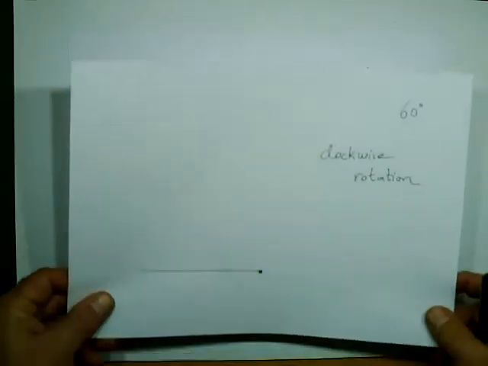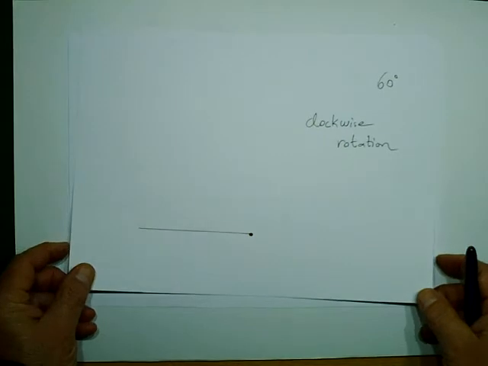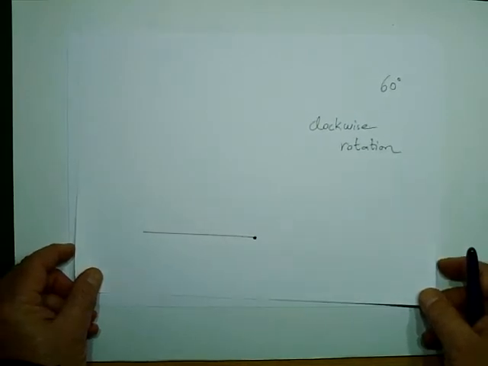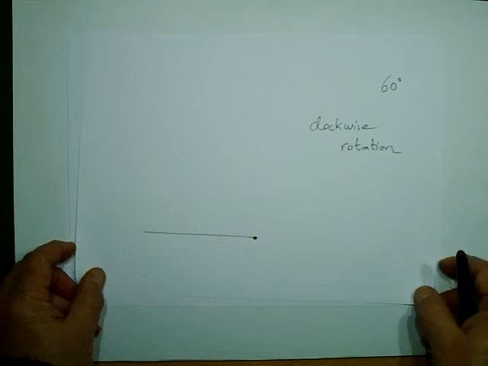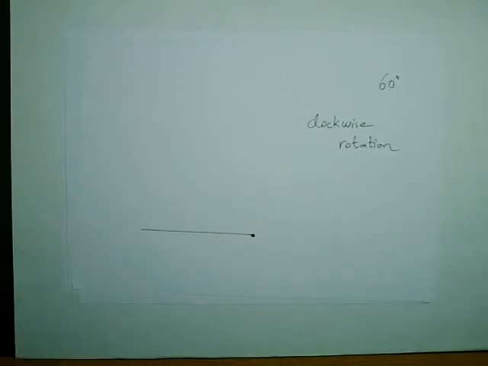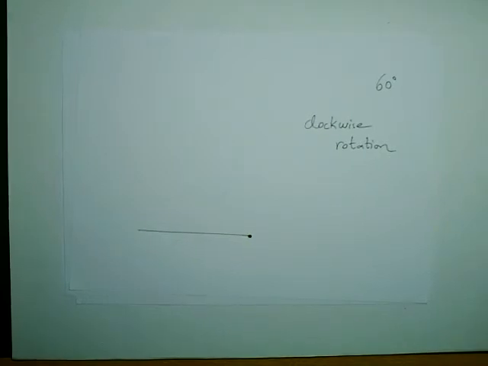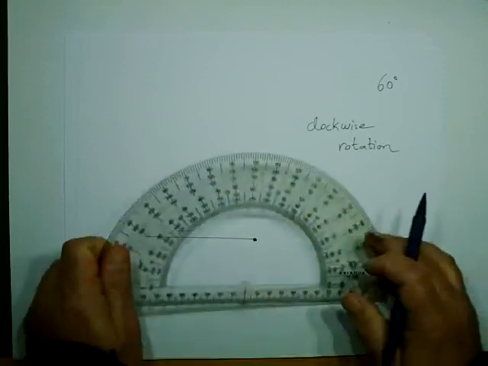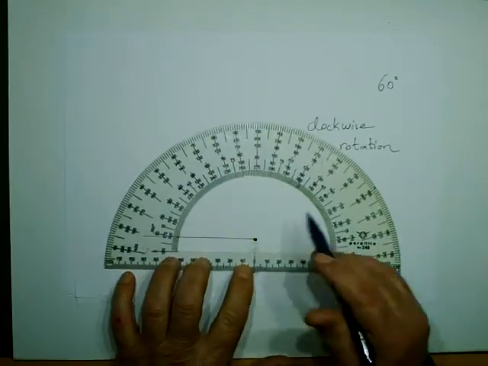Up to this point, we learned how to draw angles by using anti-clockwise rotation, but we can also do that by clockwise rotation. Let me show you an example. So this is my fixed point.